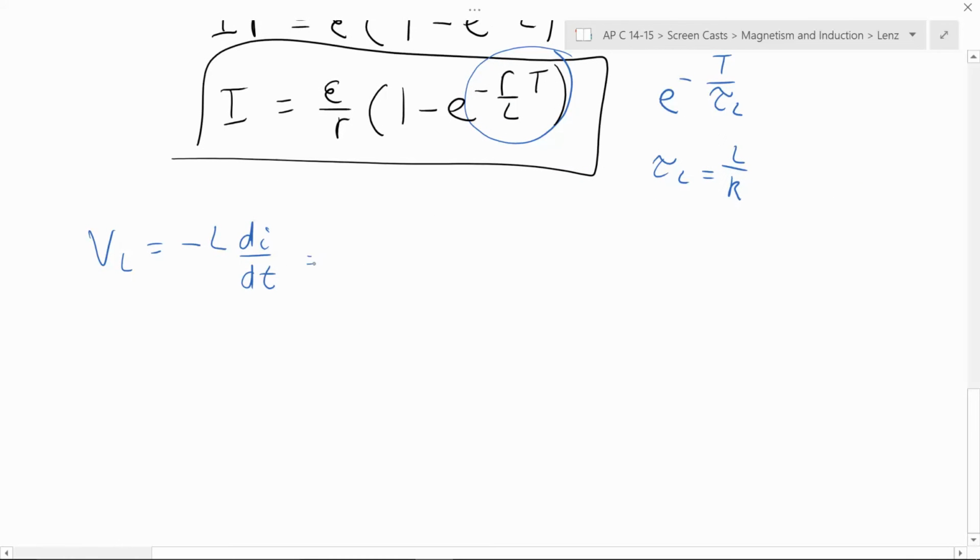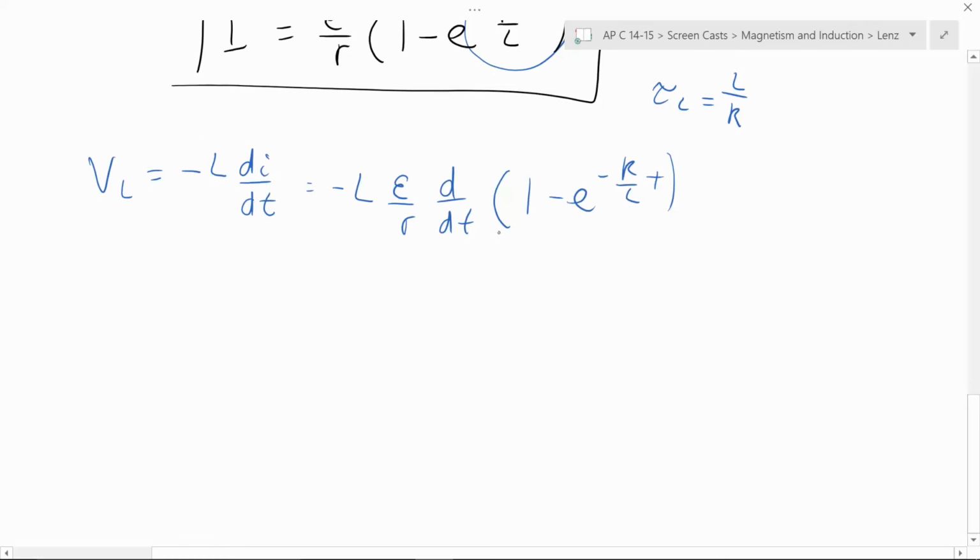That's the same as negative L times E over R times d/dt of 1 minus e to the minus r over L t. So, well, what's the derivative of this? We can ignore that, and then this winds up being negative e to the minus r over L t times the derivative of that, which is negative r over L.